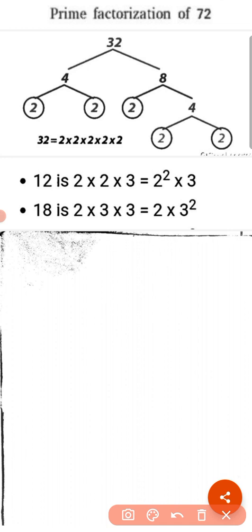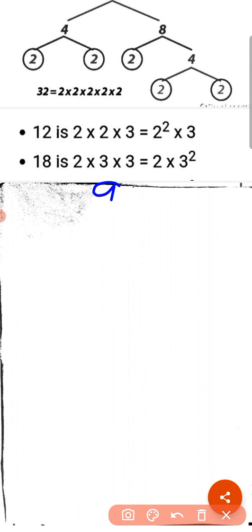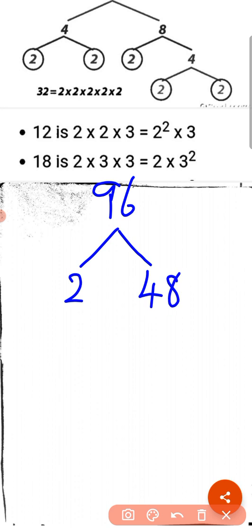Let me show you one more example. You can split any large number like this, children. 96. Since 96 is an even number, I am starting with 2. 2 into 48. If you don't know that 48 is what you get by dividing by 2, you can divide 96 by 2.